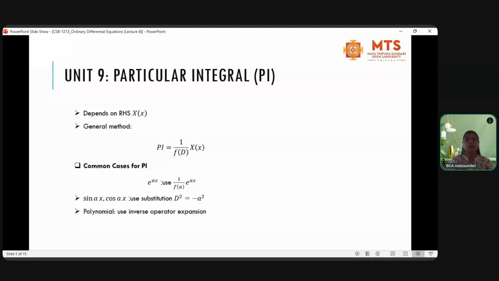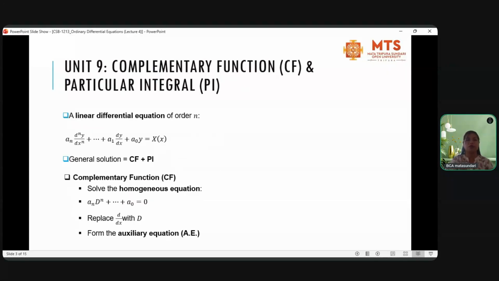The particular integral, PI, depends on the right hand side, RHS, which is capital X of small x in this equation.